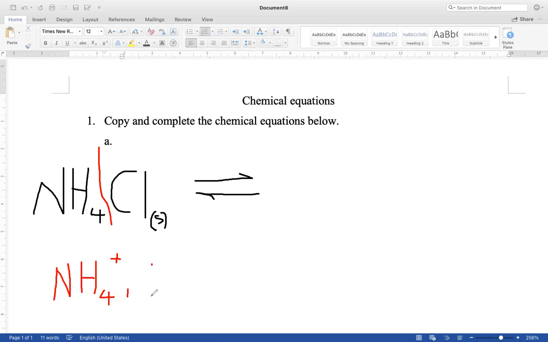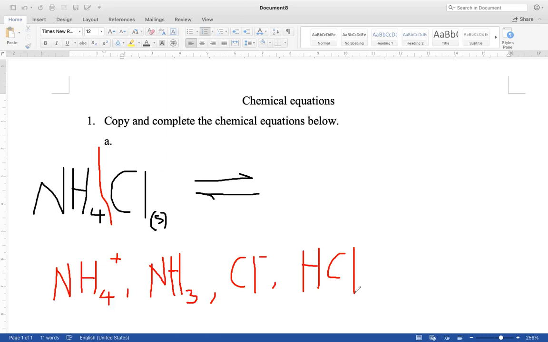NH3, which is ammonia, is neutral. The chloride ions are negatively charged. Then hydrochloric acid or hydrogen chloride, these two make up a neutral chemical species.